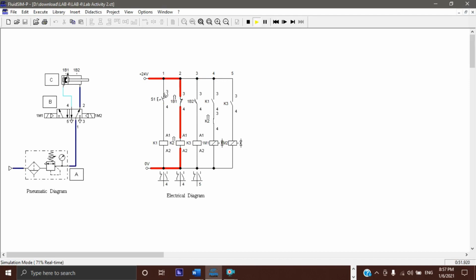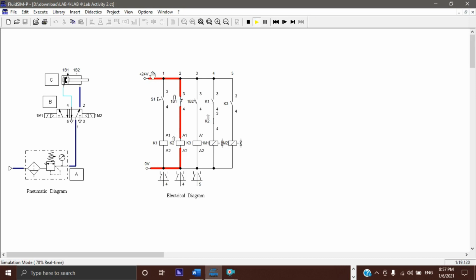Okay, for the next observation, during this simulation, a symbol with an arrow always appears next to the components in the electrical diagram. Describe what you understand when you see the symbol. If you look at K2 and IB1, we have one arrow here. Also at IM1 and K1, we have this arrow. The function of the arrow is to show the current flow.